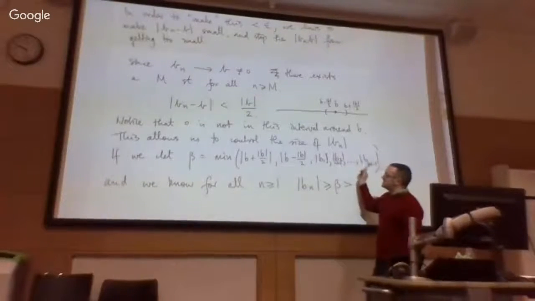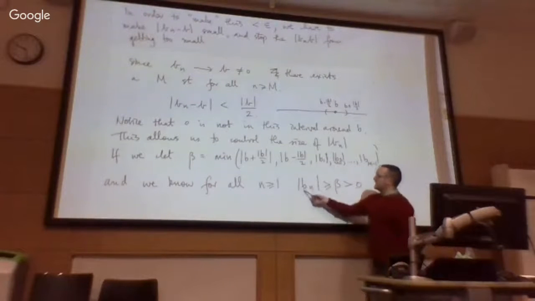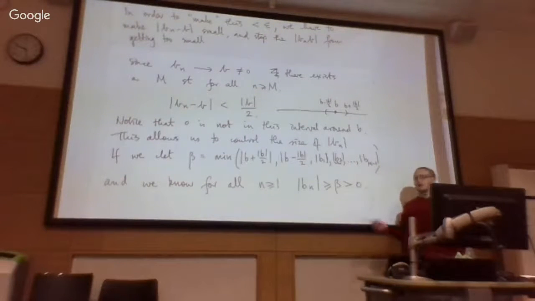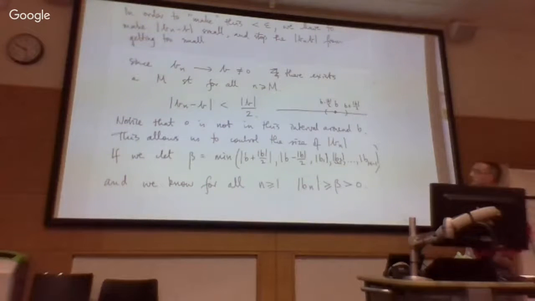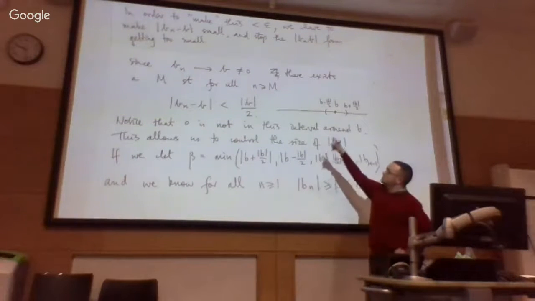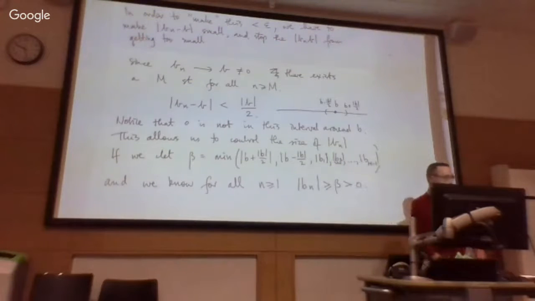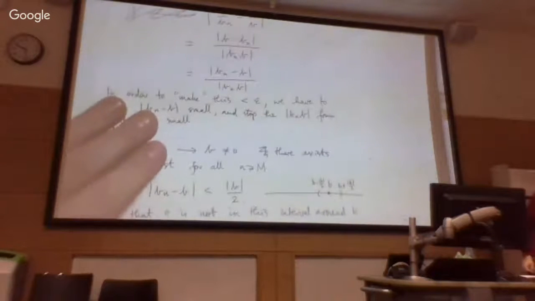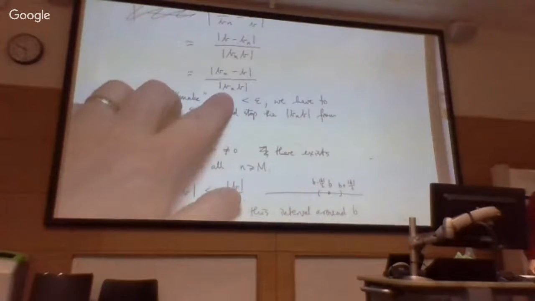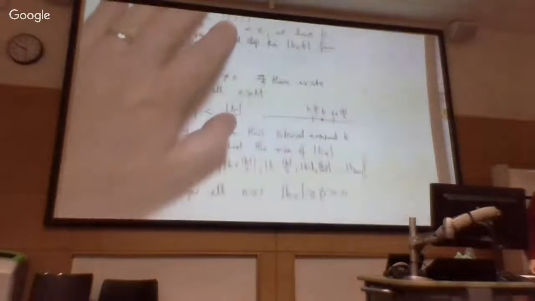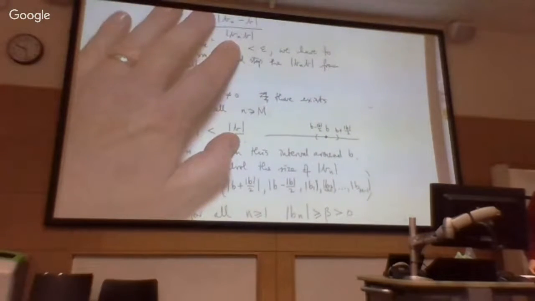And because beta is equal to the minimum of these, every element in the sequence has absolute value no smaller than beta. So that's why I was doing this, because now I can control the size of the denominator in my quotient expression up here. I know that this denominator never gets smaller than beta times b.